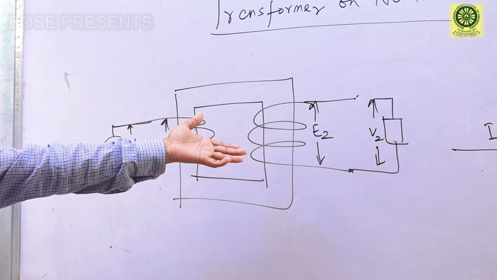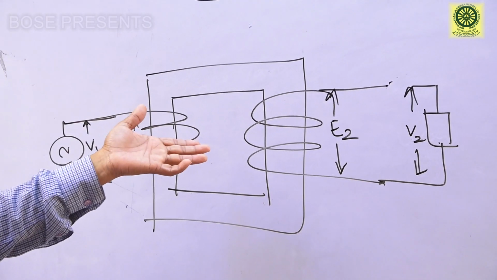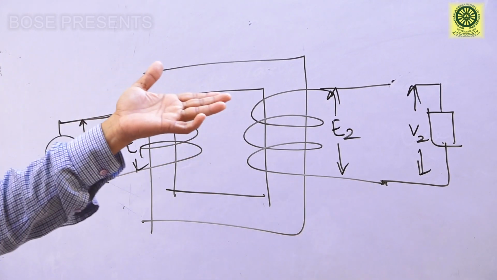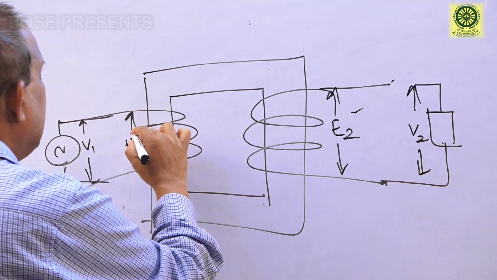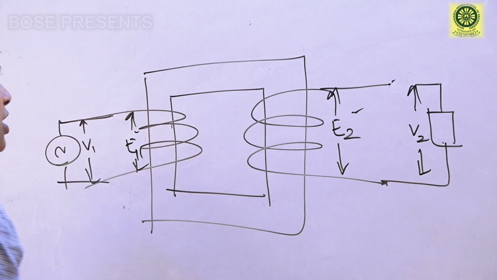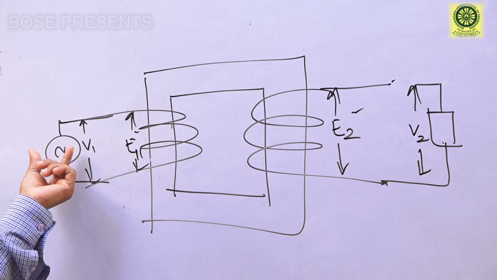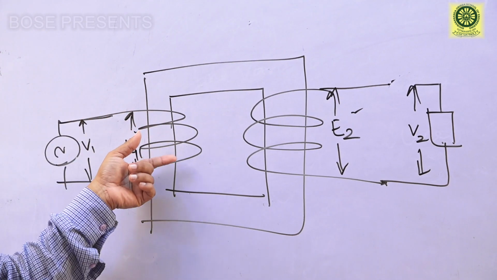It simply means that the transformer is under no load condition, there is no current flowing to the secondary side. Only the EMF E2 is induced here and E1 is induced in the primary side. These are the induced EMFs because of the applied voltage and the current flowing through the primary winding.